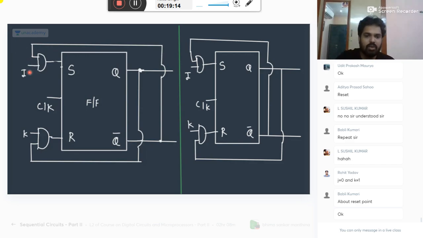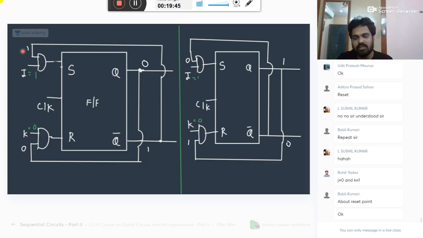Here, I want to analyze. Already the initial existing values can be anything. So I assume the initial values are 0, 1 or 1, 0. They can be anything. Your analysis should be true. So this 0 comes here, this 1 comes here. Because of this feedback, 0 and 1 come here. Now listen, what I want to do: apply J equal to 1, K equal to 0.